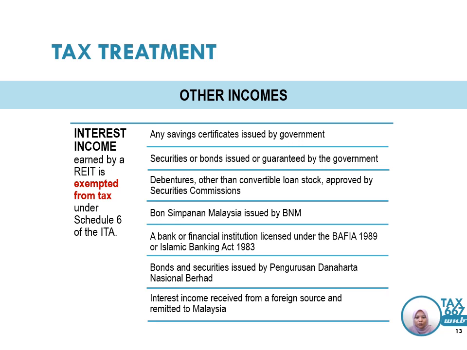So, for example, question bagi tahu that these REITs receive an interest of 100,000 from bond simpanan Malaysia issued by Bank Negara Malaysia. So, since interest tu didapat daripada yang disenaraikan dekat slide ni, dengan sendirinya you akan tulis dalam computation interest income exempted.